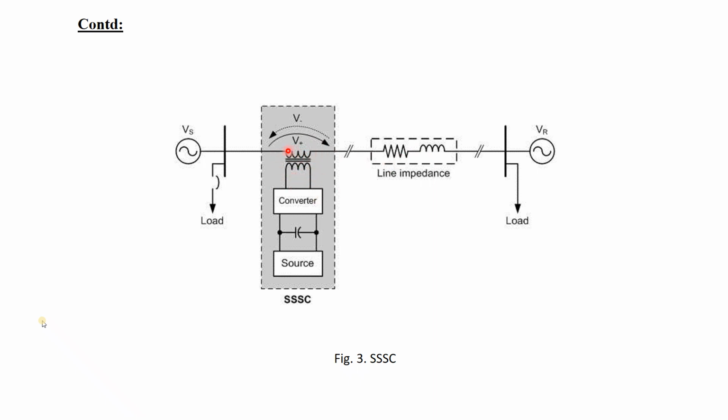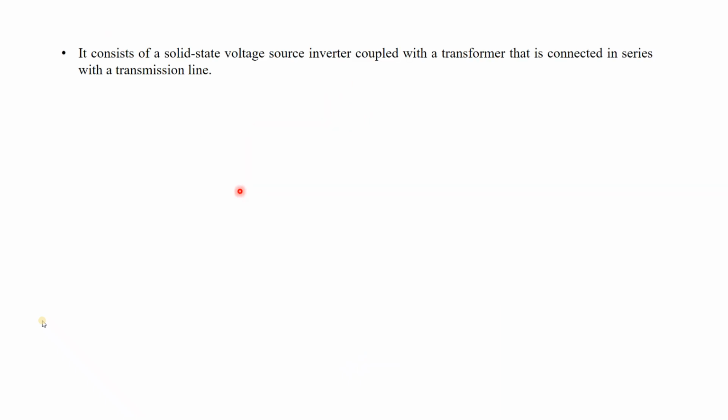It has to be synchronized because it is connected in series. So it is controlling the voltage in series, and this is the transmission line, and this is the receiving end bus bar. This is the receiving end side load, a synchronous motor, and there is a load also, which can be an inductive load. So this is the setup of an SSSC.